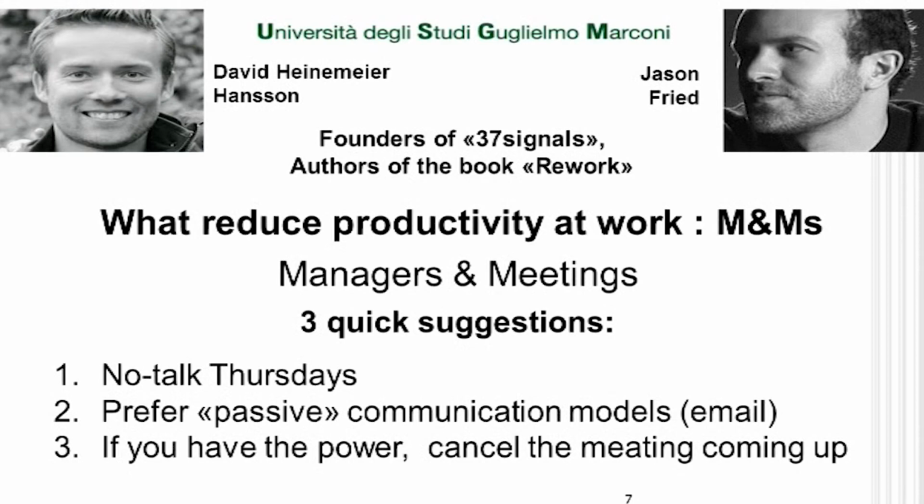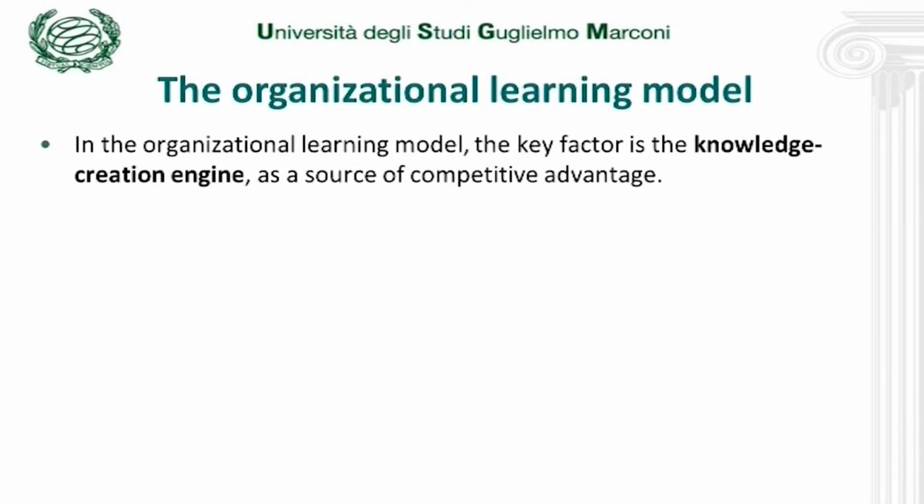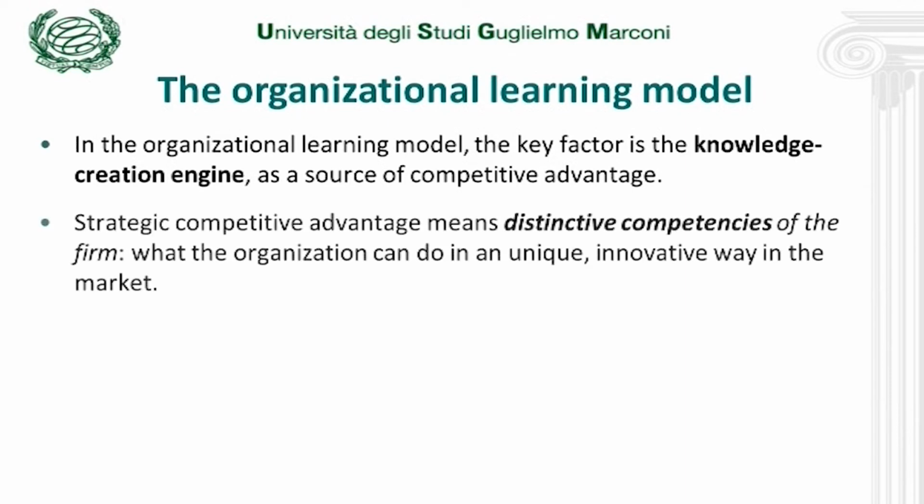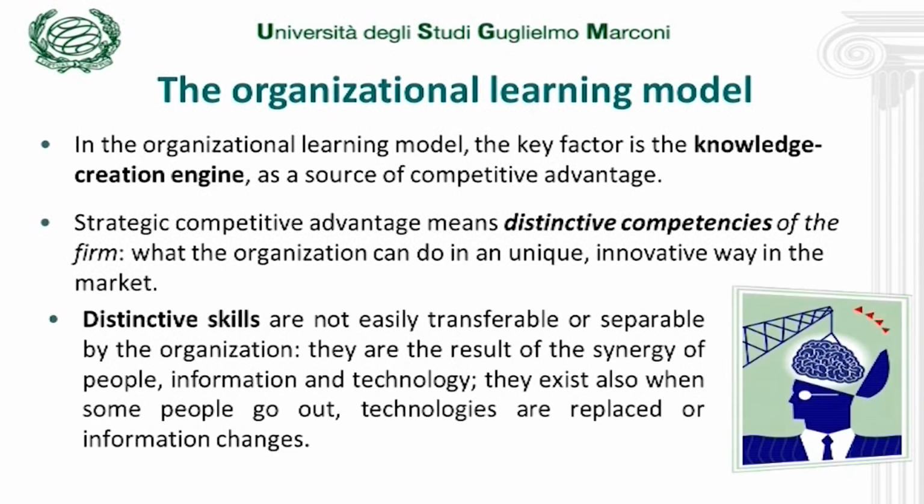So, the organizational learning model is a new idea of organization based on a knowledge creation engine. It can create and consolidate distinctive competencies. That means that you can create distinctive skills that are the basis of a distinctive advantage in the organization.